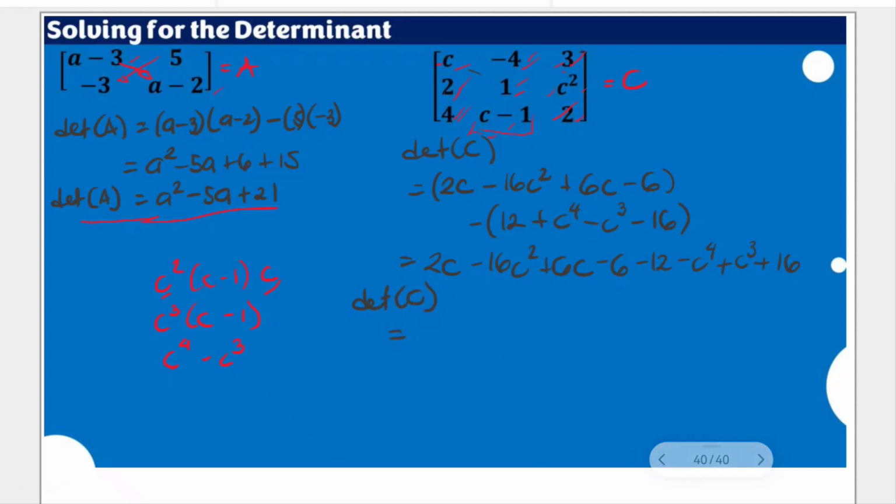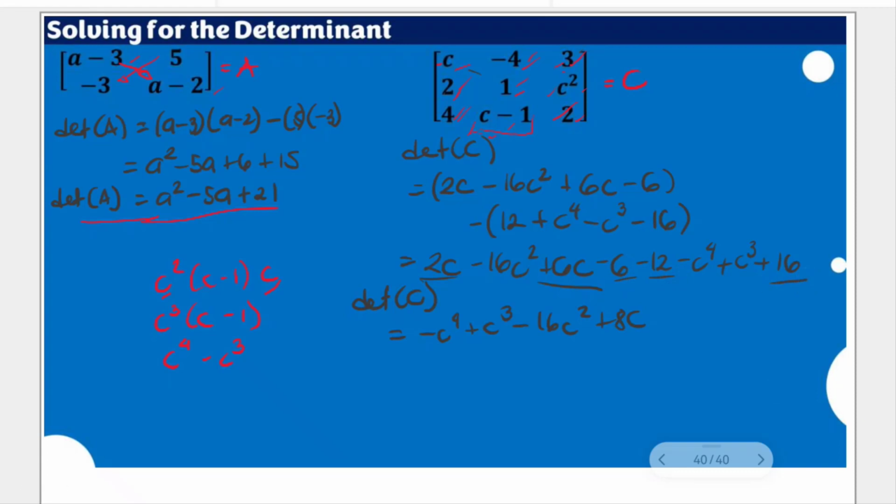So the representation for the determinant of C in this 3 by 3 matrix, arranging the polynomials in decreasing degrees, is negative C to the power 4 plus C cubed minus 16C squared. You add these 2, you'll have plus 8C, and then you have this, this, and this.